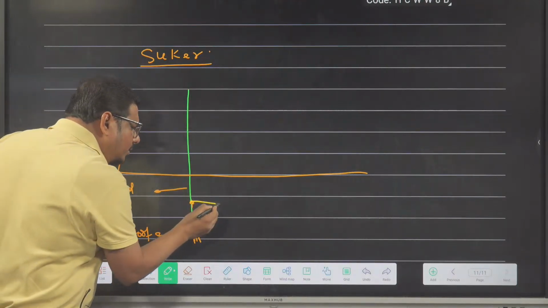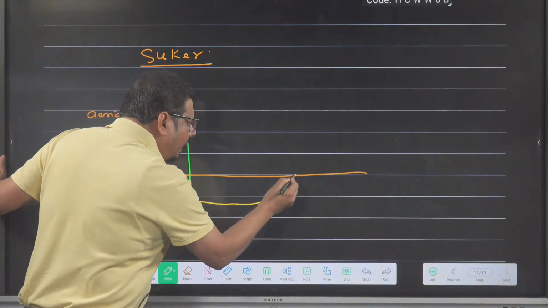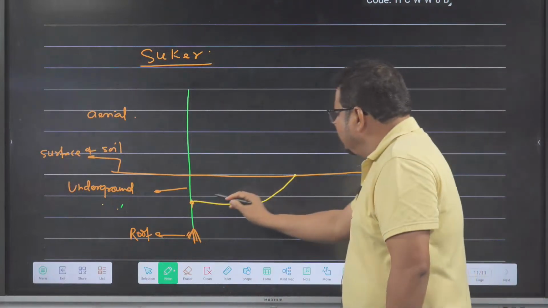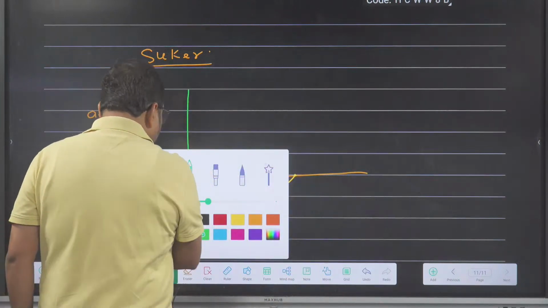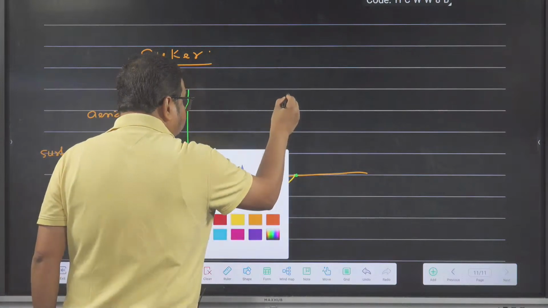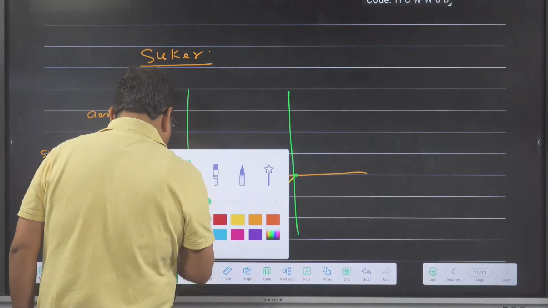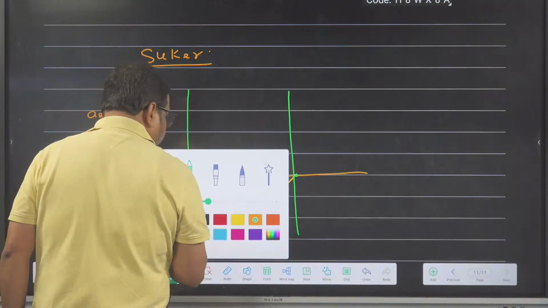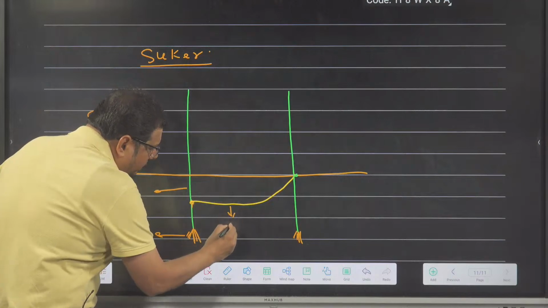First they move horizontally under the soil, later slowly moving obliquely up and touching the surface of the soil. And where it touches the surface of the soil, once again a new plant emerges. Are you understanding the idea or not? So what is this branch called basically?